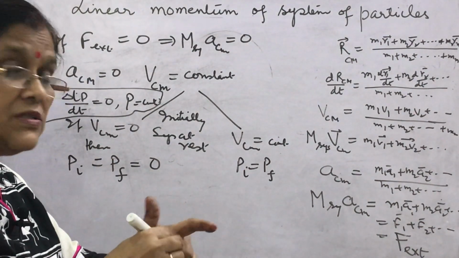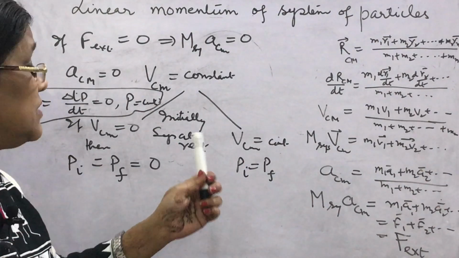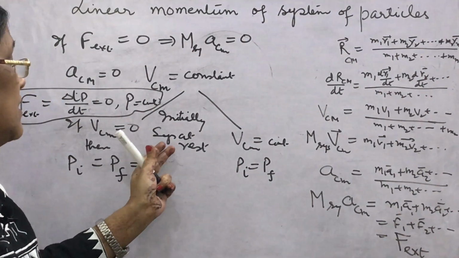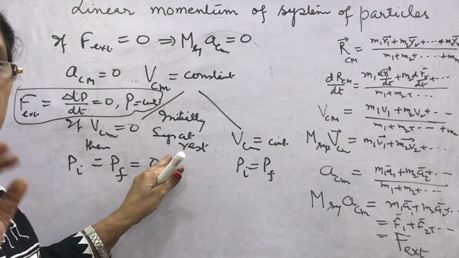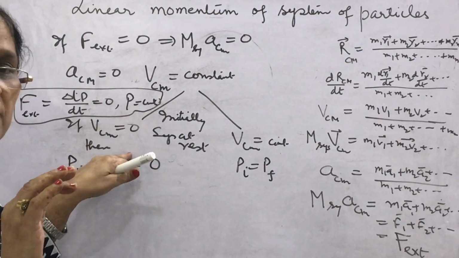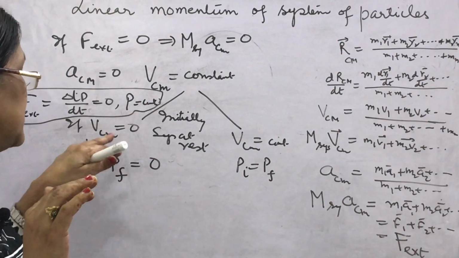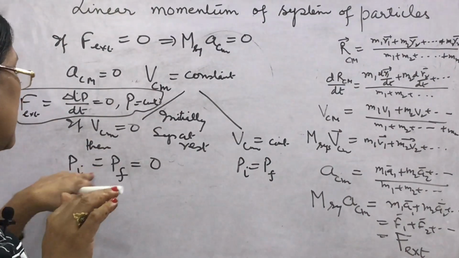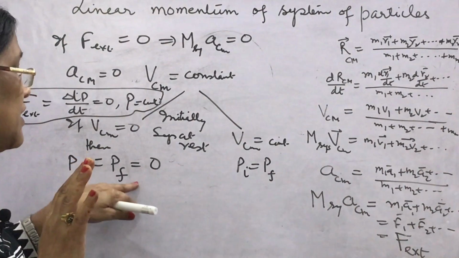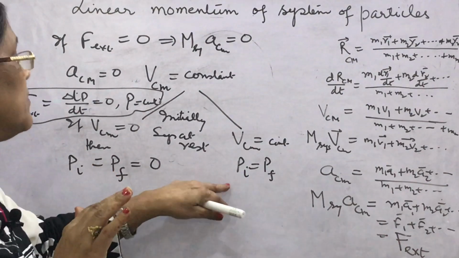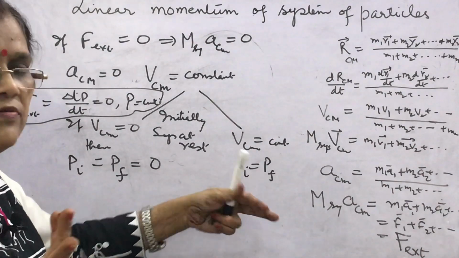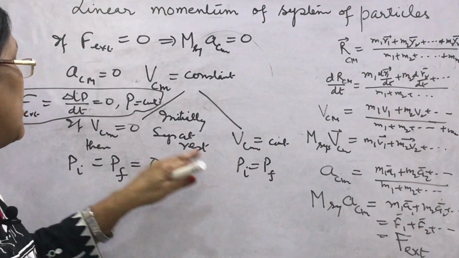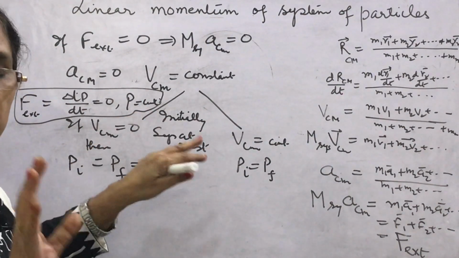How are Newton's laws applicable on a system of particles? Look here, whatever is the initial velocity, same will be the final velocity if there is no acceleration. If initial velocity is 0, then final velocity is 0, therefore initial momentum is 0, then final momentum will be 0. And if initial velocity of center of mass is constant, then final velocity will remain constant. Why? Because momentum will be constant.